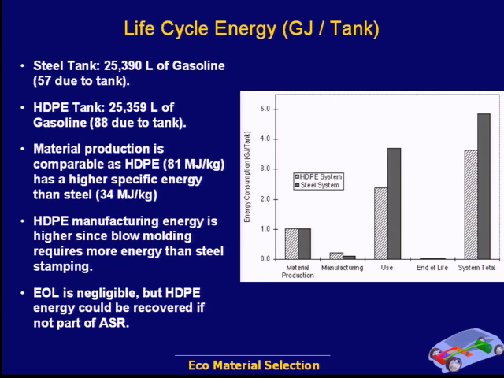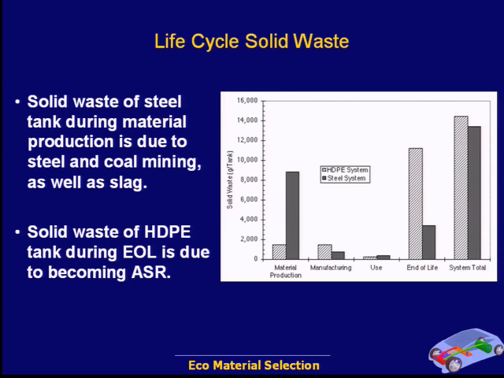Okay, so looking at the life cycle, here is gigajoules per tank. Material production is not very different. Manufacturing isn't very different. Of course, the use phase is dominating here. End of life doesn't really show up. Old story. Solid waste, much more in the steel production than the high-density polyethylene. Manufacturing, more waste in the high-density polyethylene case. Use phase, failure is rare.